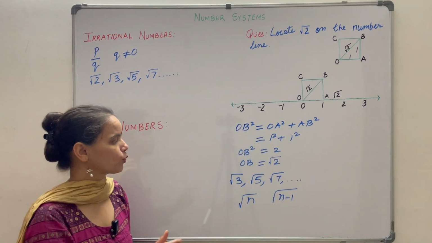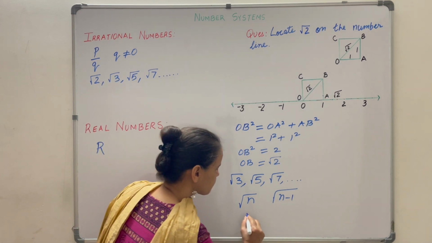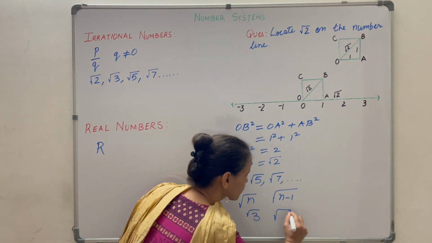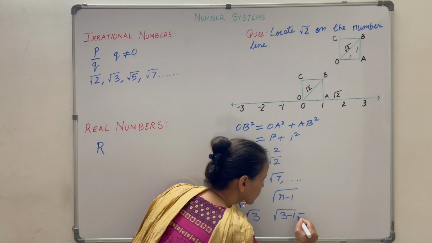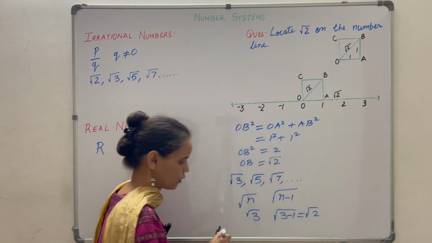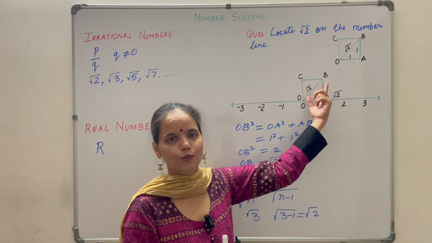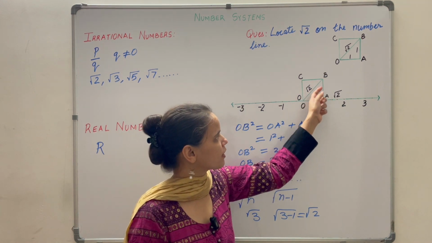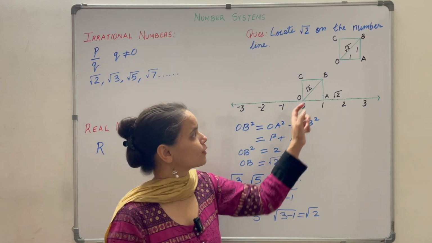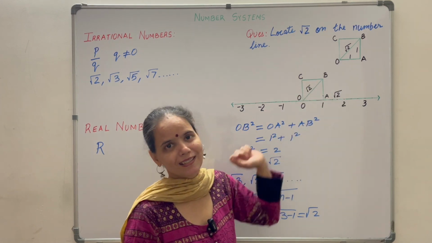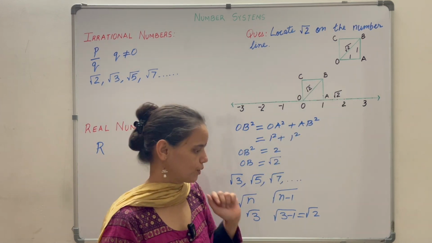So if you have to locate root 3, first you have to locate root 3 minus 1, that is root 2. We have already located root 2. So here this is root 2. What we have done here is we have made a right angle triangle. The same process we will repeat and we will locate root 3.